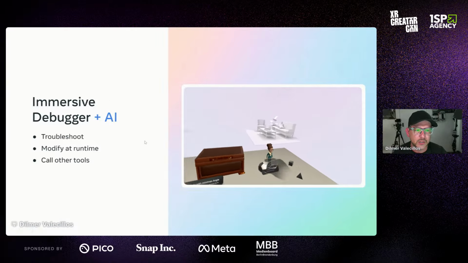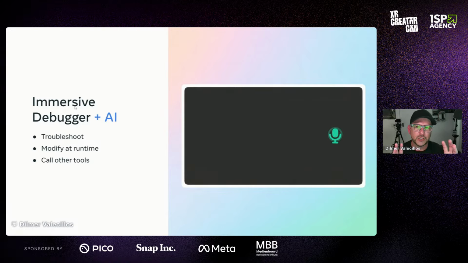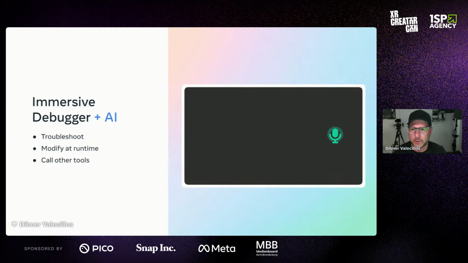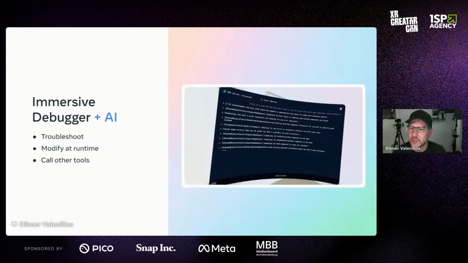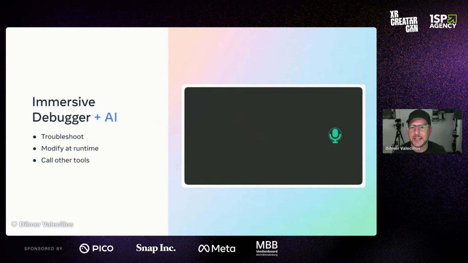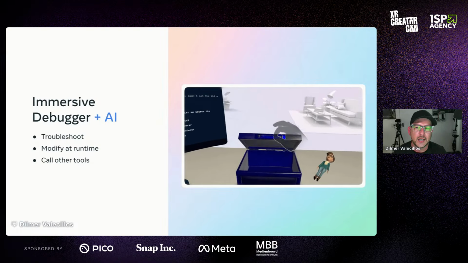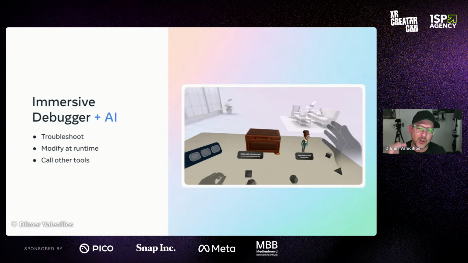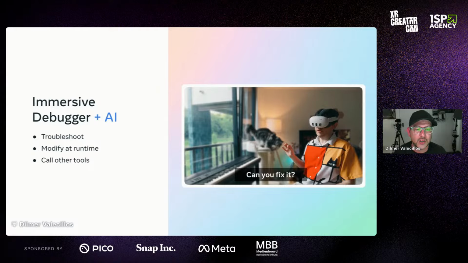So let's say that you're debugging a tool that you developed for VR, and you want to see what happens within your different classes. A lot of times developers go in and add a lot of log entries. That's something that I've done in the past.